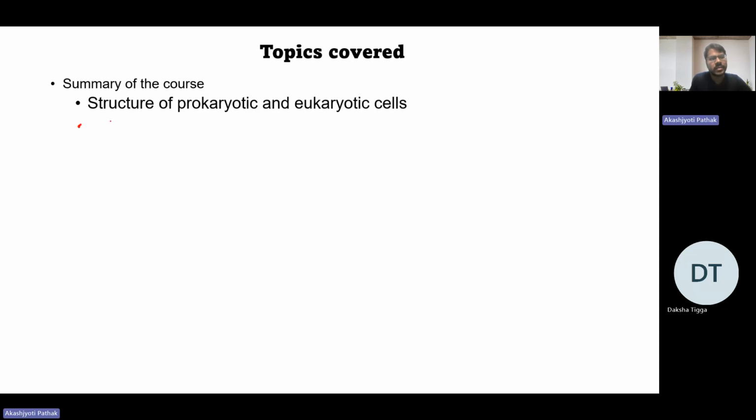Okay, so we started with the structure of prokaryotic and eukaryotic cells, and then we moved on to understand cell metabolism, right? So in cell metabolism, what are the pathways we learned?